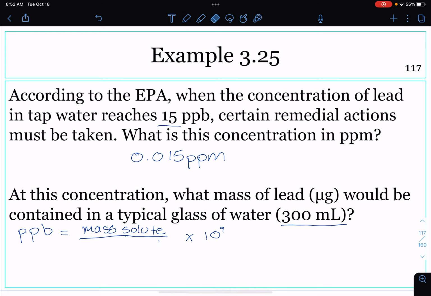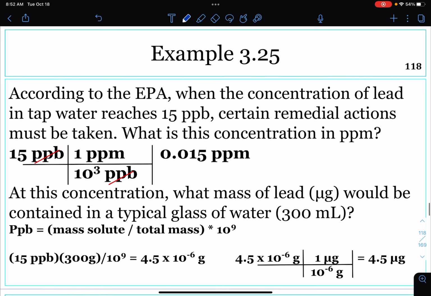So we can substitute that in. We have a 300-gram sample of the solution. And we know that at this concentration, we're talking about 15 parts per billion. So we can substitute that in as well. We are left with trying to solve for the mass of lead using this equation.